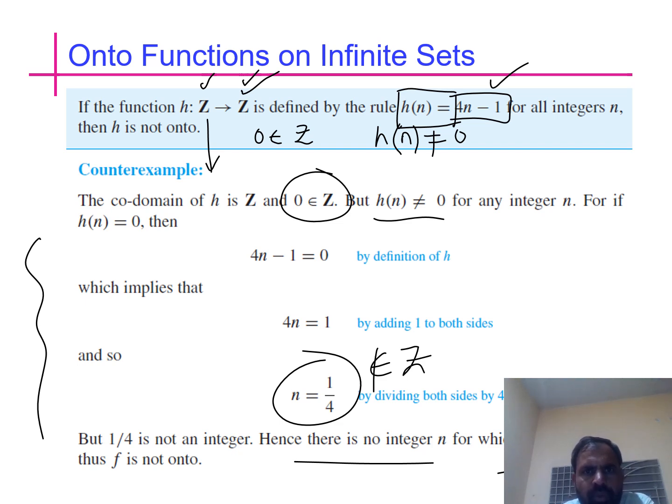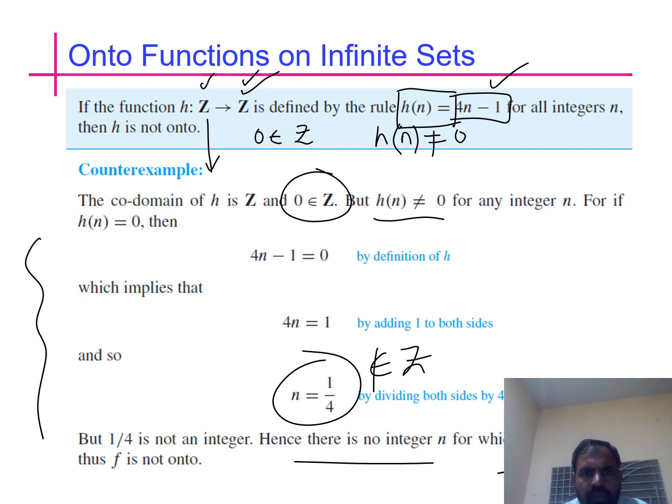If the function h from Z to Z is defined by the rule h of n is equal to 4n minus 1 for all integers n, then h is not onto. We give a counterexample for this. The codomain of h is Z and 0 belongs to Z, but h of n is not equal to 0 for any integer n.